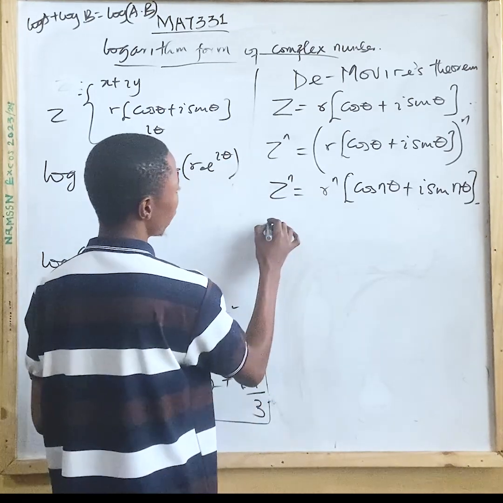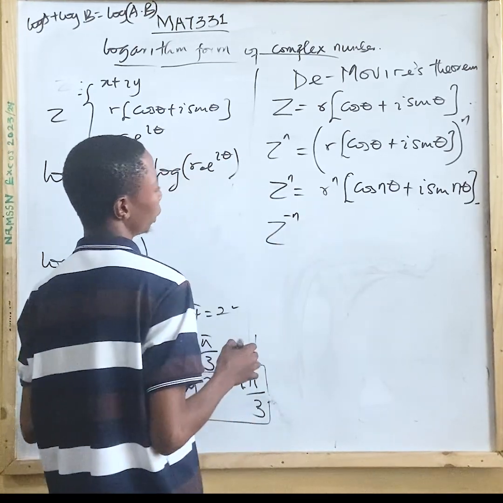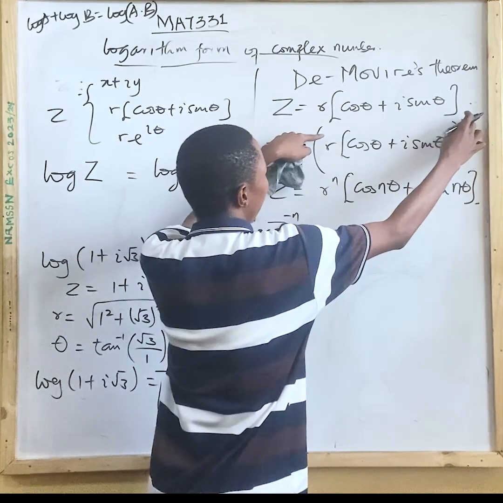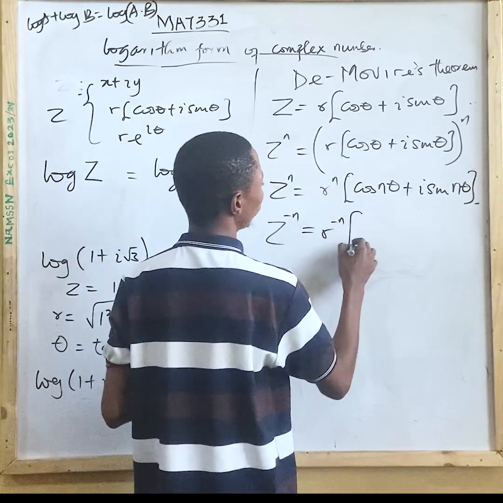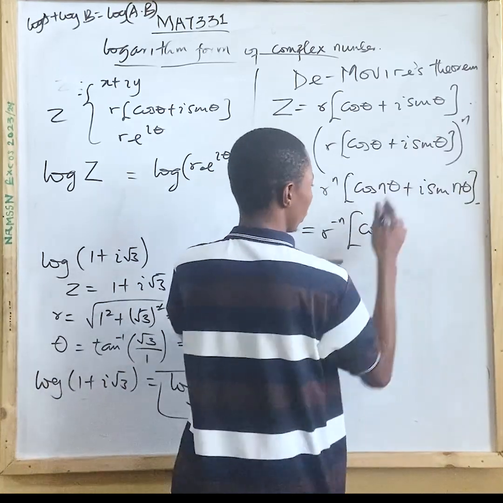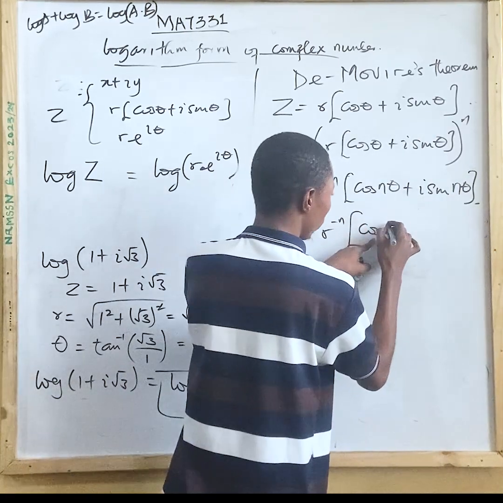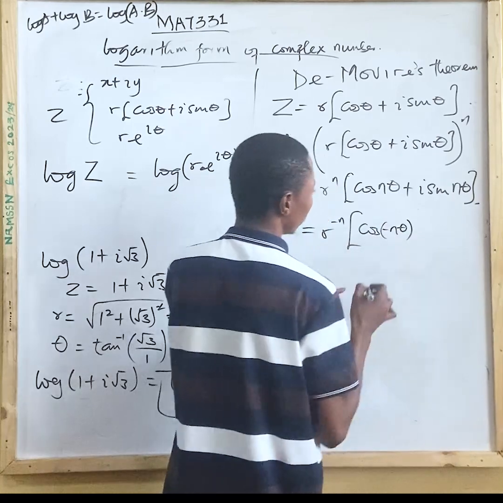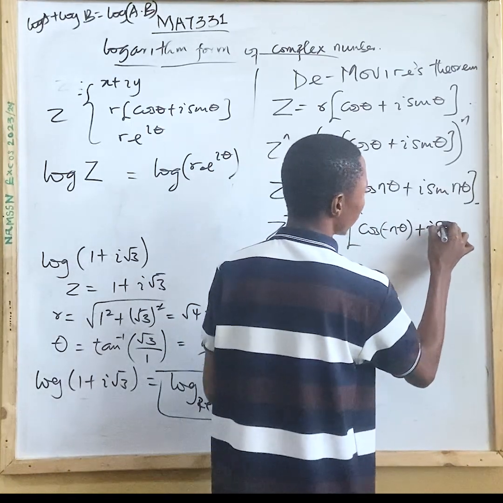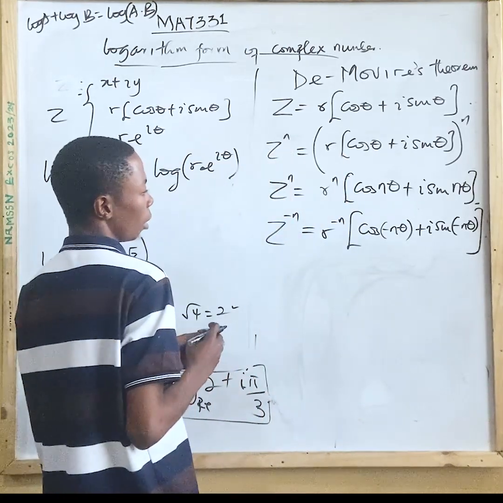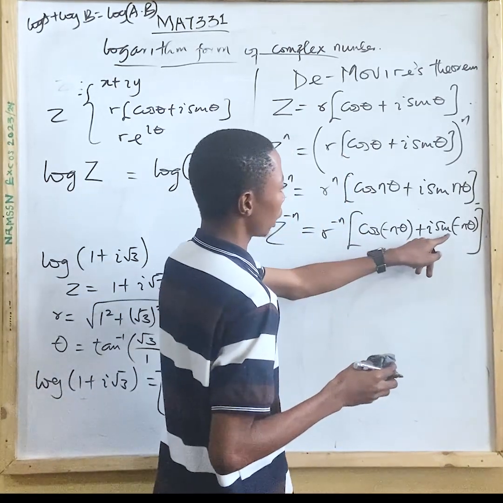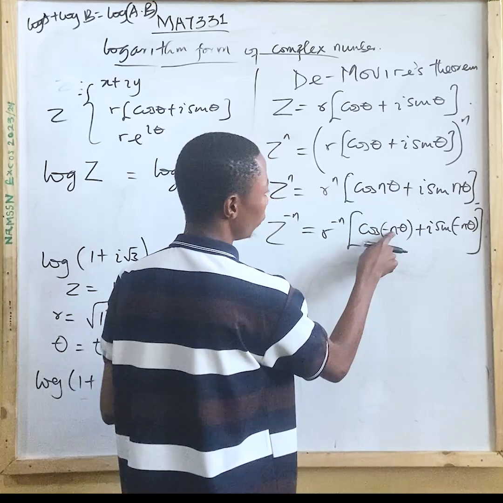And if I also take z raised to power minus n, for example, that one will also be r raised to power minus n into bracket cos of minus n times theta, since the power multiplies the angle, plus i sine of minus n theta. And because of the properties of cos and sine that we discussed earlier, cos is an even function.